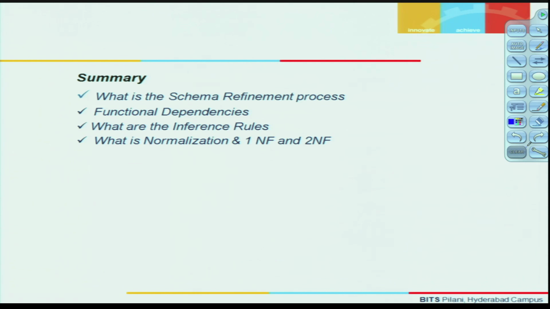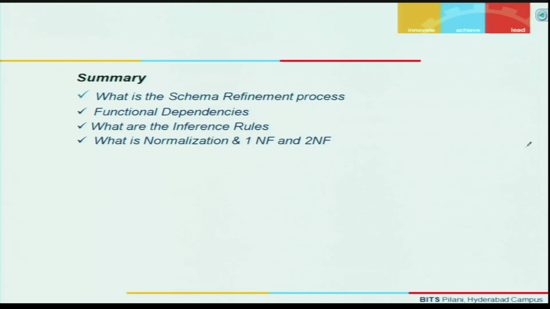So we have seen what the schema refinement process is, which is also called database design, what functional dependencies are, what the inference rules are, and what normalization is, and we have discussed the 1NF and 2NF conditions. In the next class we will discuss the remaining normal forms 3NF, BCNF and others, and we will also look at the desirable properties, and how to check whether a decomposition maintains them.